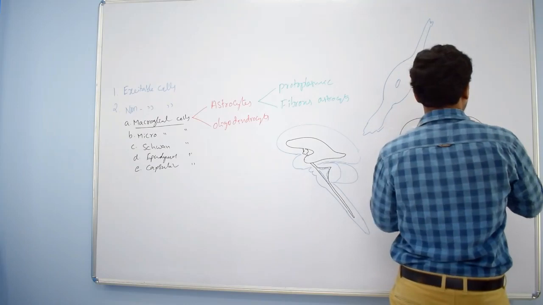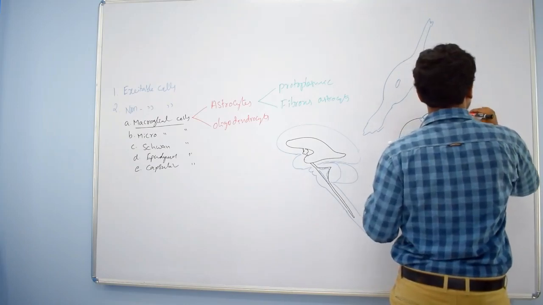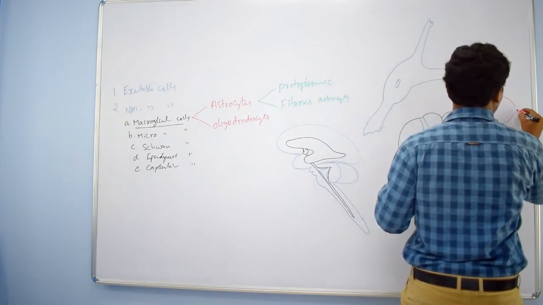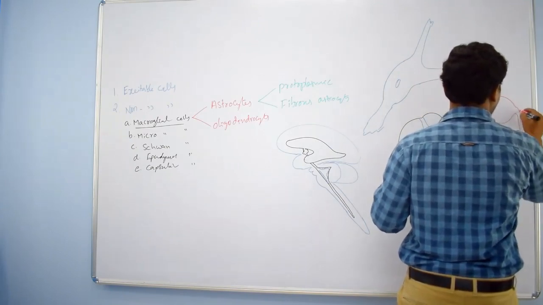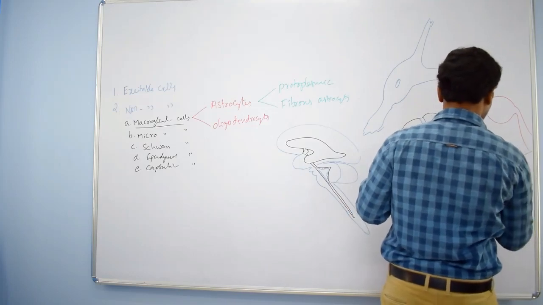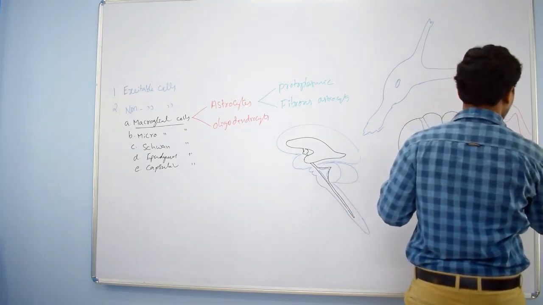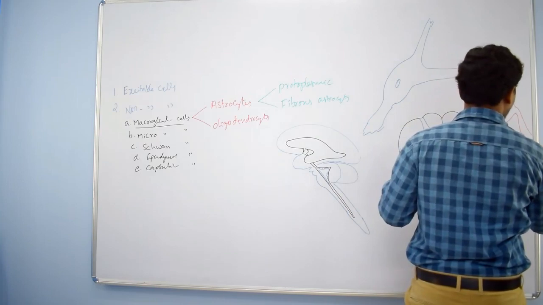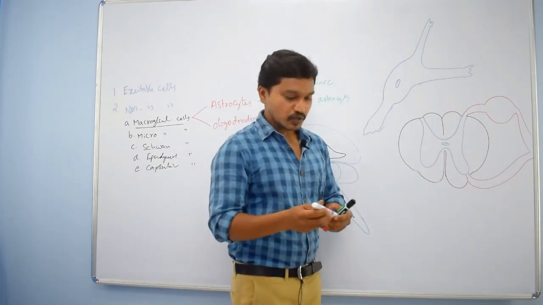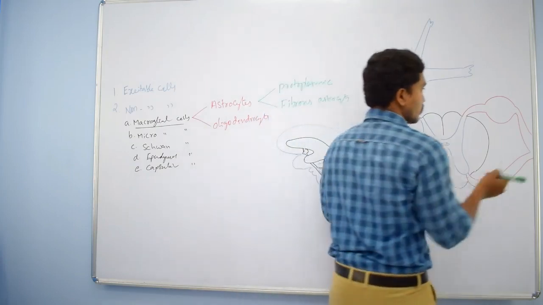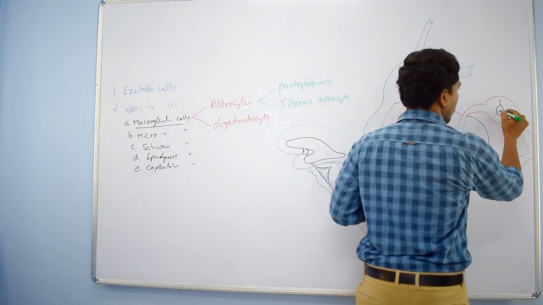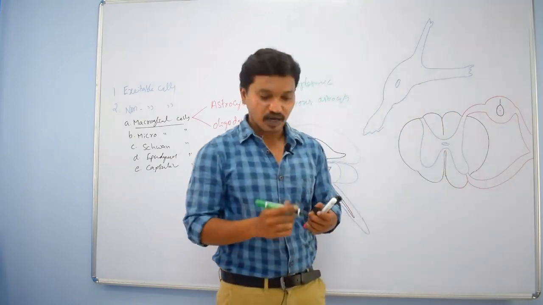Here is the dorsal root ganglion. This dorsal root ganglion contains pseudo unipolar cells. The cells will be like these, larger cells.